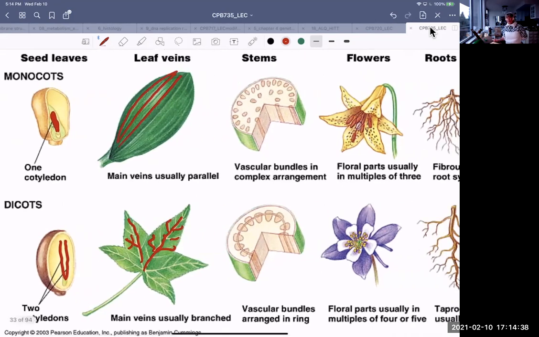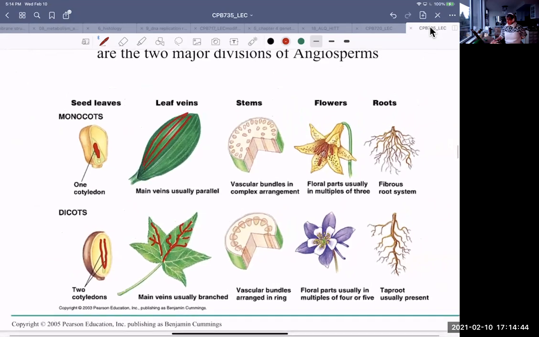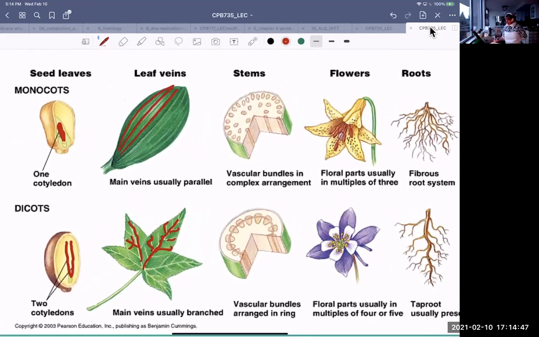As far as the stem goes, if you were to take a cross section of the stem of a monocot, the vascular bundles, that's the xylem and phloem, the veins, they're kind of complex. So they're arranged around the outside like that. And there are also some scattered in the center.